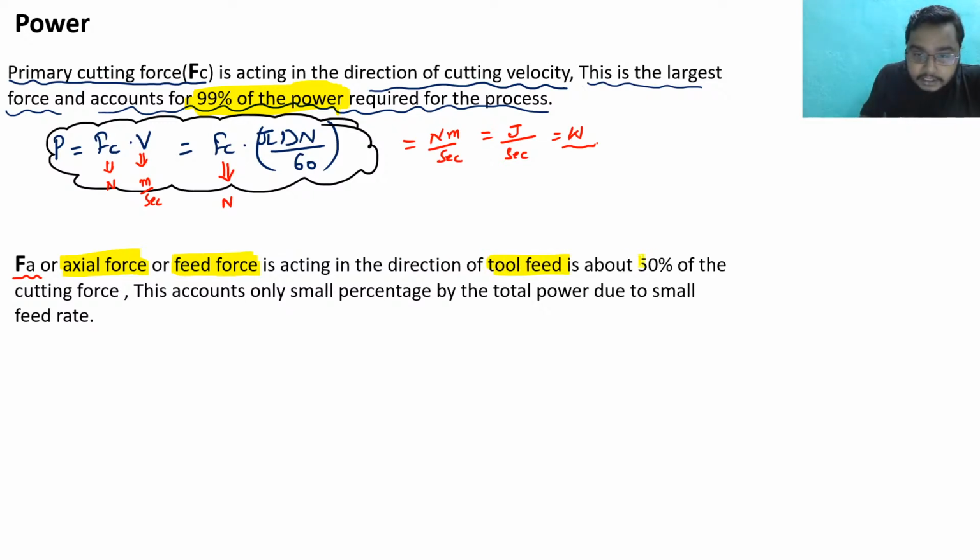It accounts for about 50% of the cutting force. It accounts for only a small percentage of the tool power due to the small feed rate. So the formula associated with the power of this, better to say the feed power, let me write it.